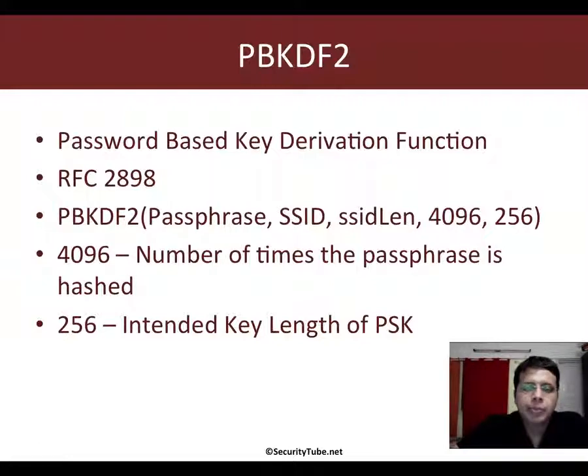But in the WPA PSK or WPA2 PSK case, this is practically fixed: 4096 is the number of times we hash the passphrase within the function, and the end output is a 256-bit PSK key, or the pre-shared key as we call it.